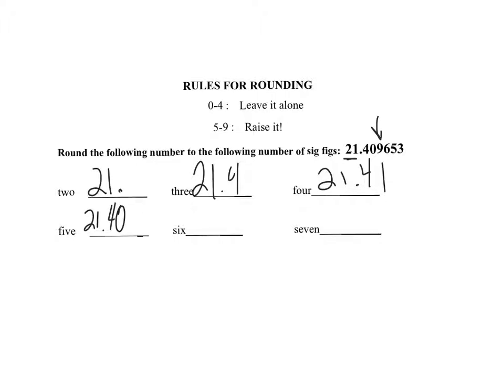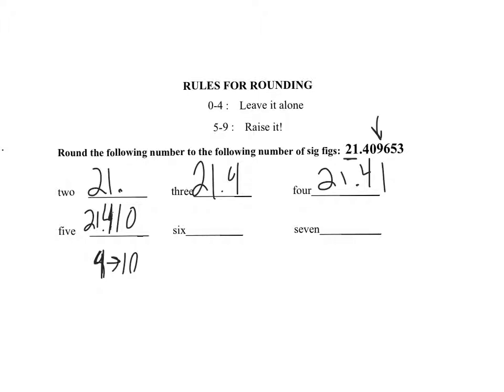Well, if I take 9 and I round it up, that's going to take the 9 that would normally be there at the end and turn it into a 10, which means this number is going to be 21.410. There's my 5 sig figs. Don't worry too much about that. We're not going to be giving you too many problems where you have to worry about that weird 9 rounding up turning into a 10. So if you're a little lost on that, don't worry about it.